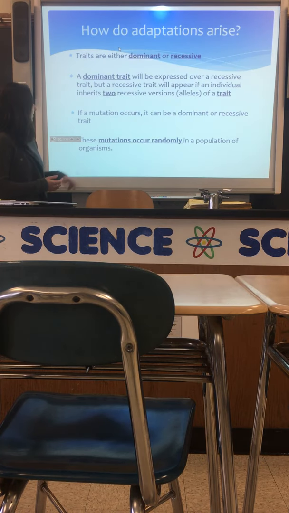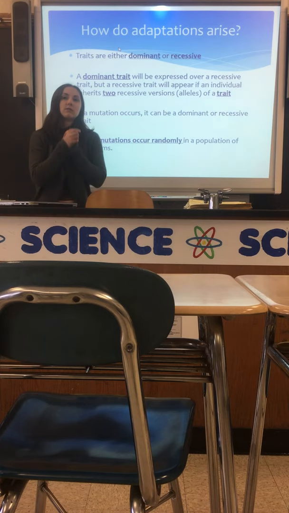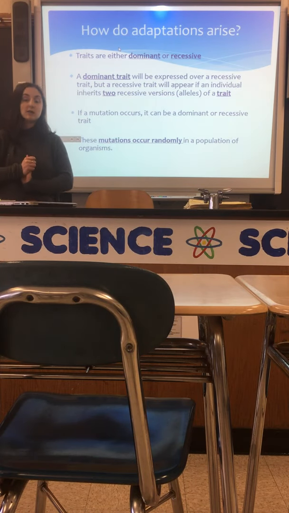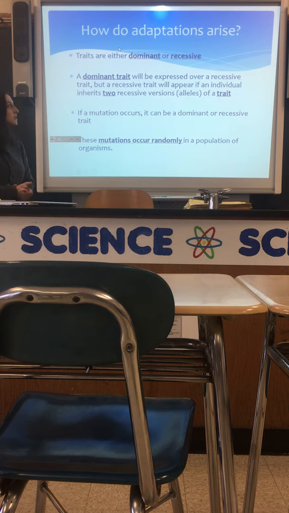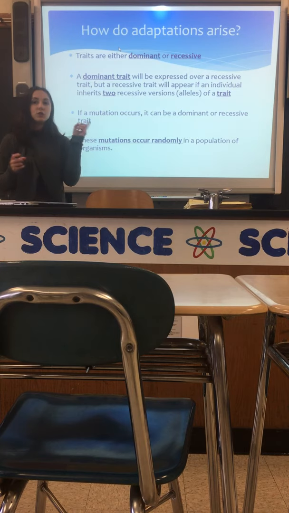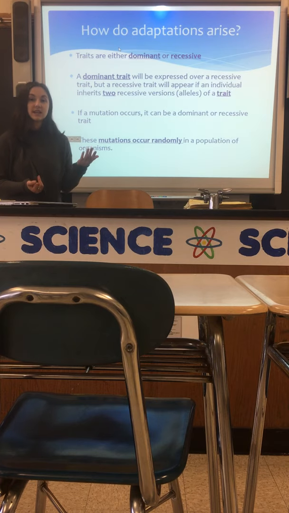To go further, traits are either dominant or recessive, so this connects to what I was talking about before. A dominant trait will be expressed over a recessive trait. But a recessive trait will appear if an individual inherits 2 genes that are both recessive. Going back to eye color, blue eyes are a recessive trait.